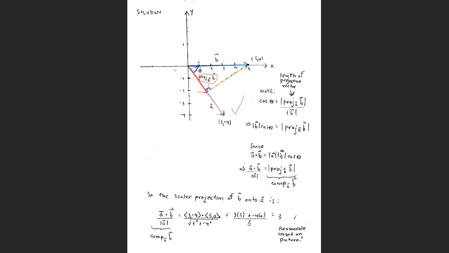And we know the dot product is going to get involved in here, right? So the cosine of theta is equal to the length of the adjacent side over the length of the hypotenuse. The adjacent side is the projection vector, and the hypotenuse would be the vector B. So the length of the projection vector would then have to equal the length of the vector B times the cosine of theta.